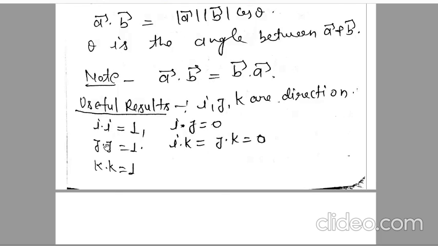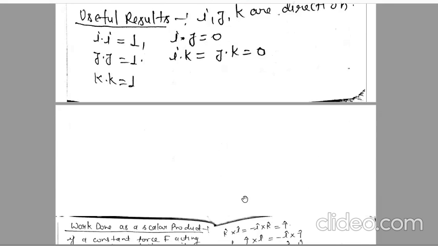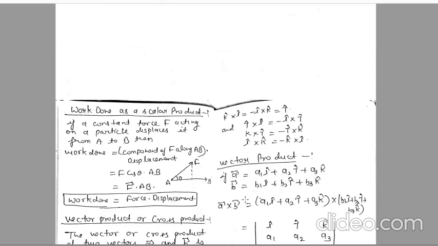That means if the dot product is with respect to the same direction, it will give 1, but in another direction it will give 0. We will use these results in our next examples or questions.